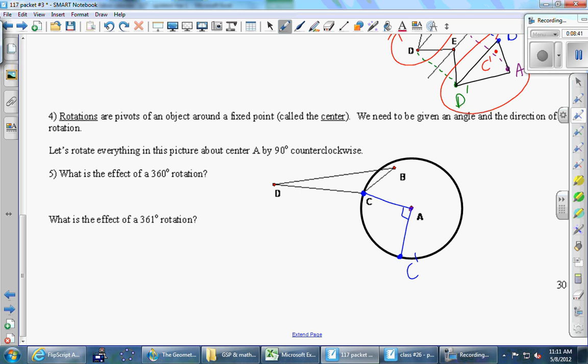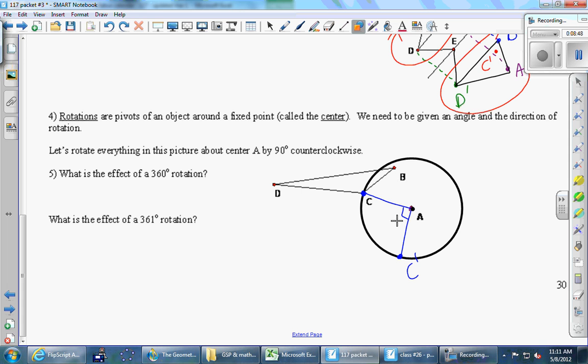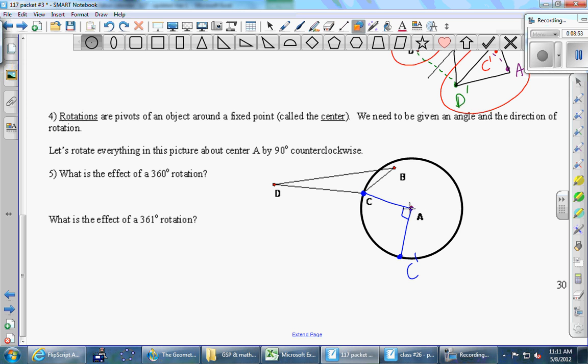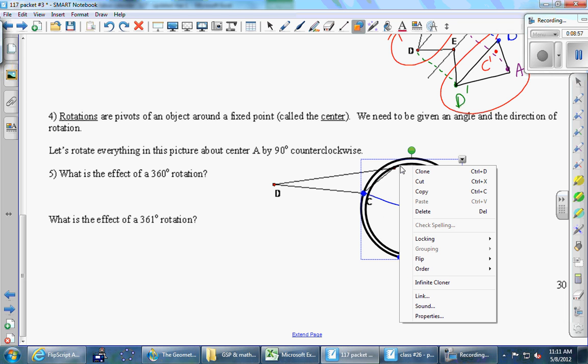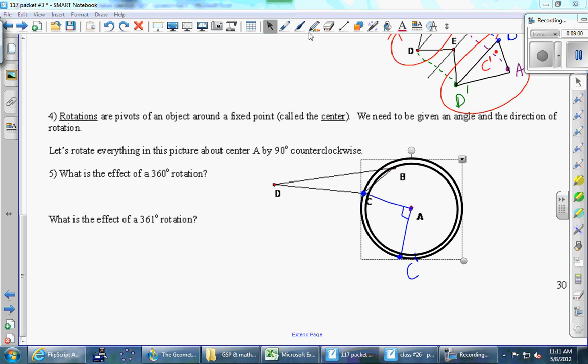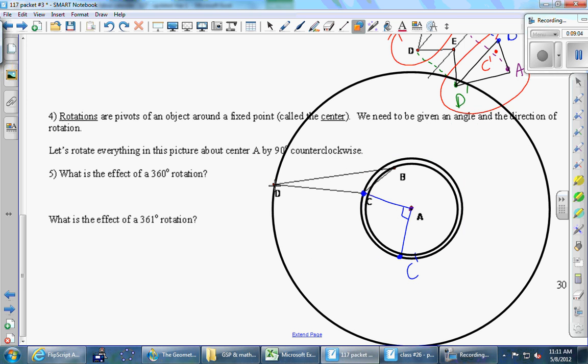B has its own circle, and so does D. So again, connect everything to A. Circle for D is quite big, might even go off the page at the bottom. And see if you can rotate by about 90 degrees counterclockwise. Same idea as before.